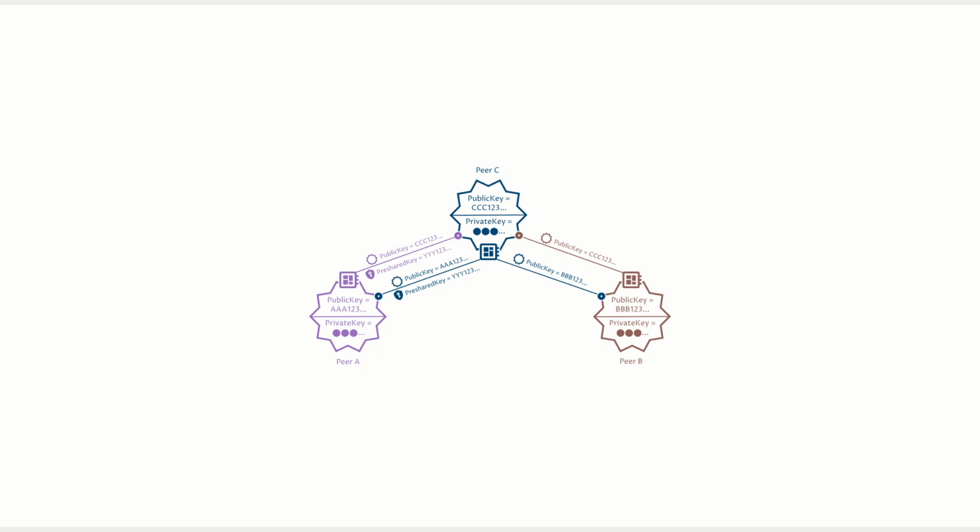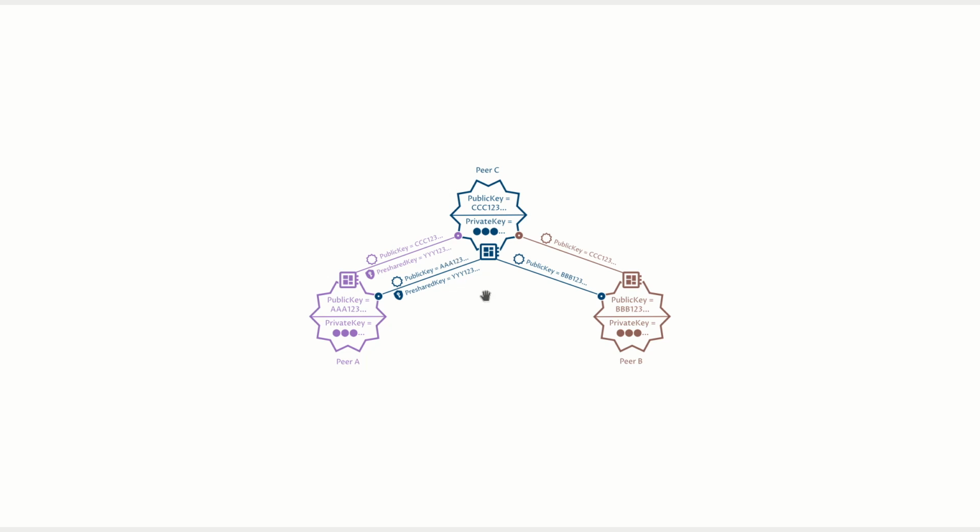In this case, we've configured peer C with this pre-shared key YYY123 blah blah blah, and we've configured the local interface on peer A with that same pre-shared key YYY123 blah blah blah.